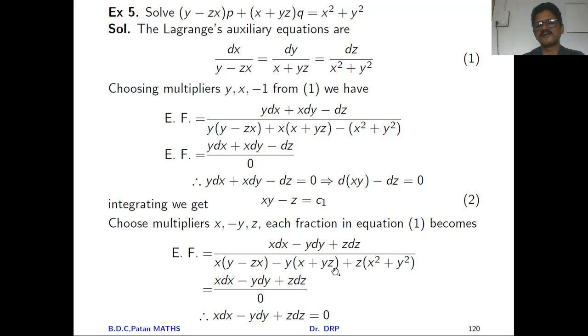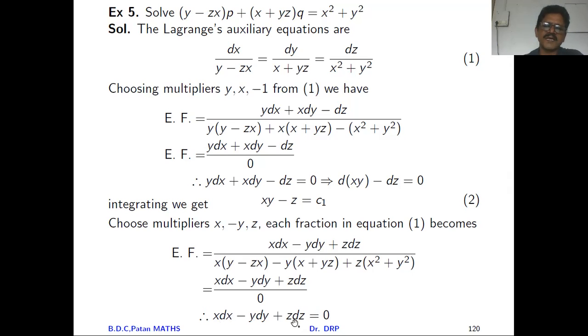There you will get the denominator: plus xy, this minus xy gets cancelled; here minus x square z, this plus x square z gets cancelled; and here minus y square z, this plus y square z gets cancelled. So the numerator is an exact differential, (x dx minus y dy plus z dz) upon 0. So 0 into each fraction gives 0, which means the numerator is equal to 0, that is x dx minus y dy plus z dz equal to 0.